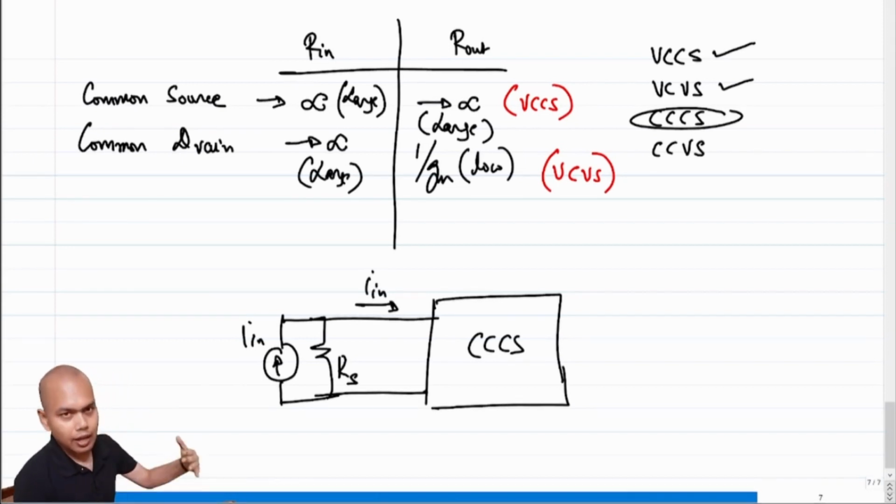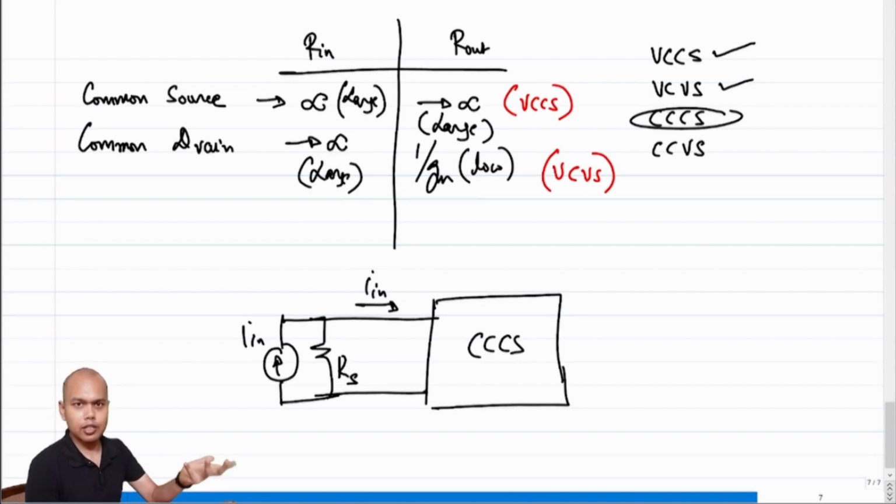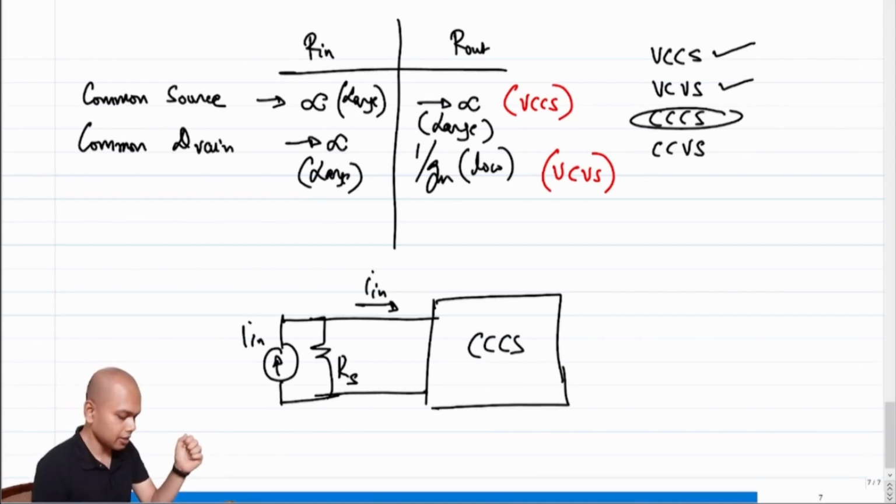It is only when the I in flows that it becomes a controlling variable. Current is the controlling variable. If nothing flows in, then there's no point in calling a block current control block, because it has to be able to accept current in at its input port, right?